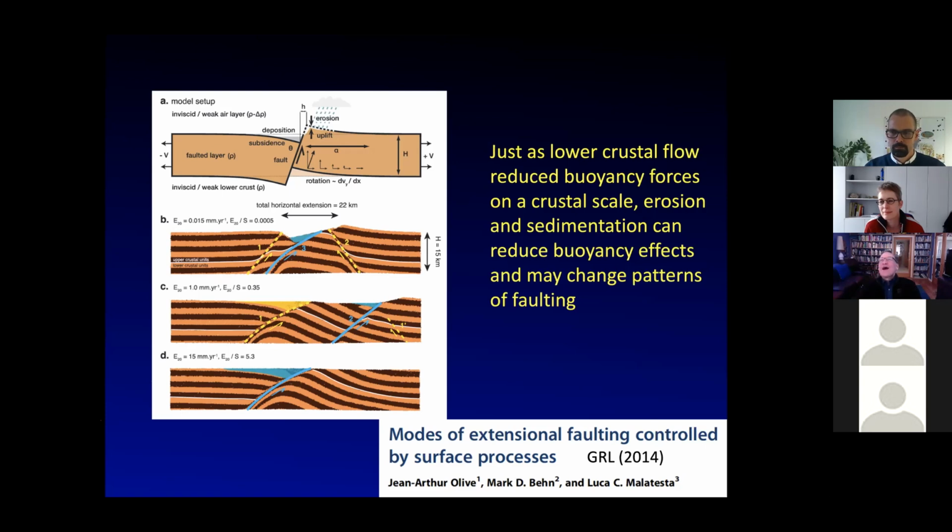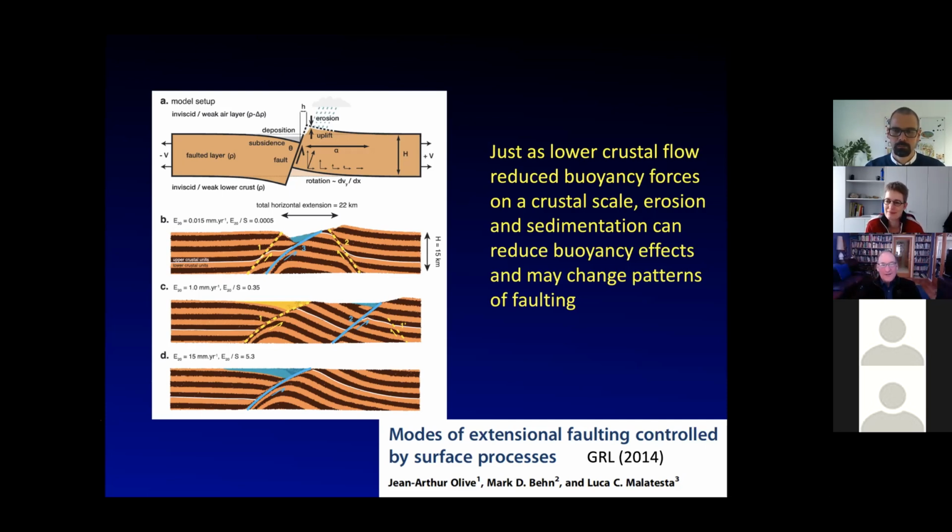The interesting thing is you do see patterns where you can go from a wide rift to a narrow rift. I think you're absolutely right, and it may depend on some details of rheology and the exact thermal conditions.